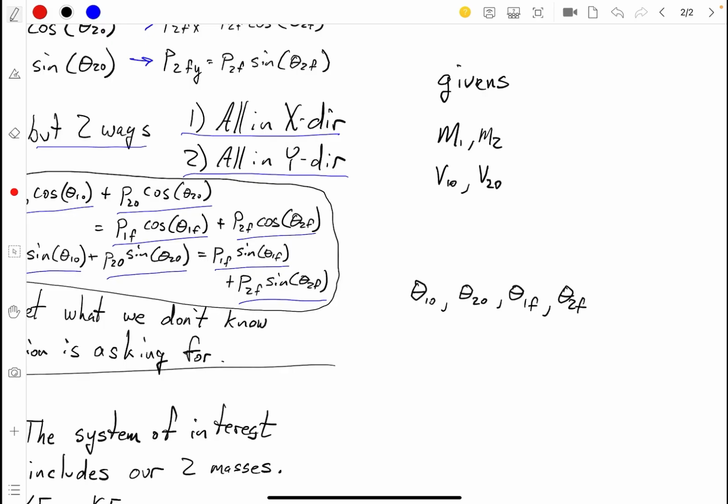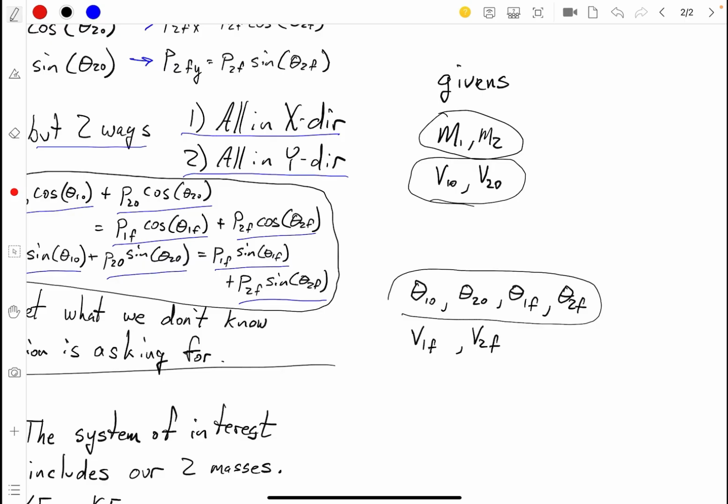We only have 2 equations, so we got to have a lot of knowns to come up with the unknowns. We also don't know our V1 final, and we don't know V2 final. So usually these are given. A lot of the times these are given. In our case, we probably should know most of these, and then we could solve for these two if we wanted.